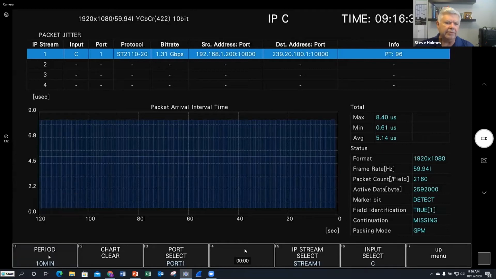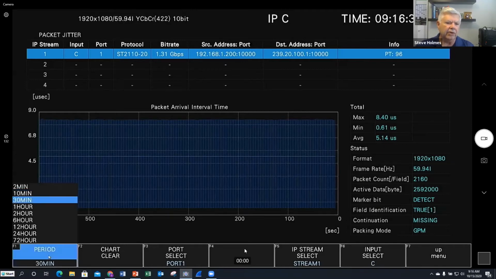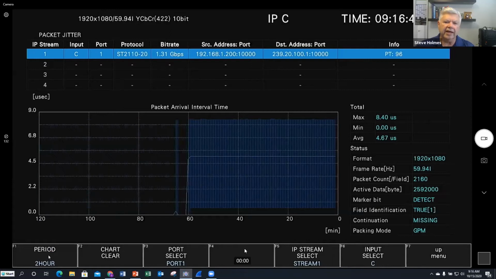So we can go out 10 minutes worth of data, I can go out 30 minutes, an hour, and 2 hours. And there's where I turned on my system. This is something you wouldn't normally have in an operating system, but there's where I turned my system on this morning, just a touch over an hour ago.